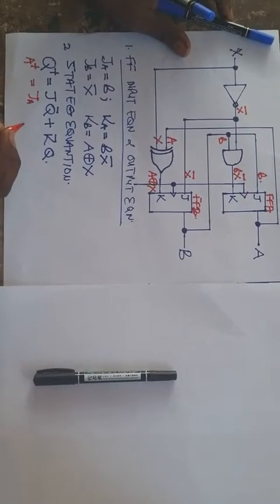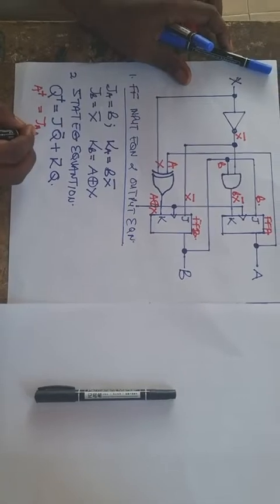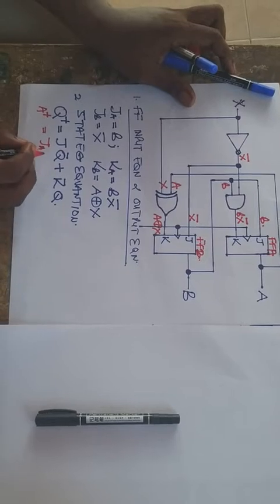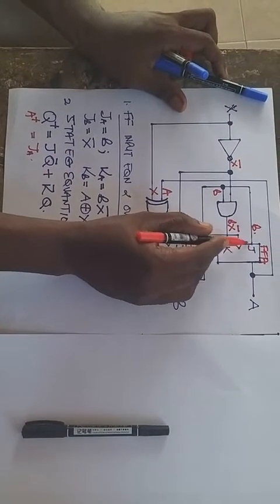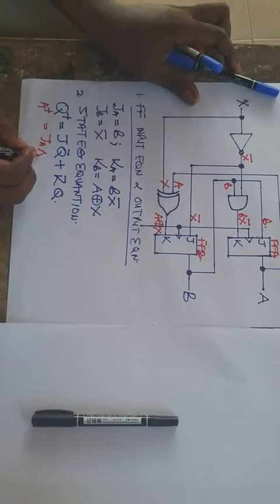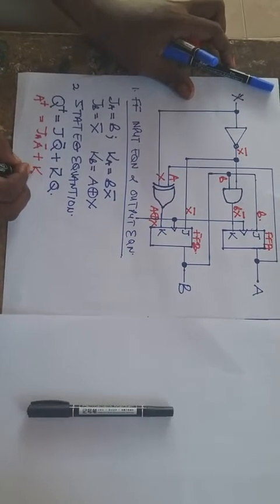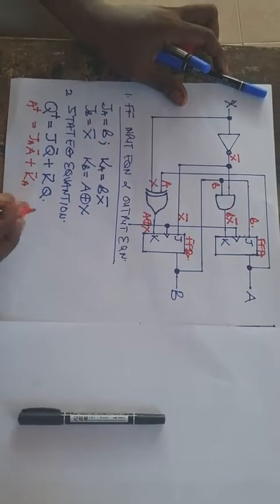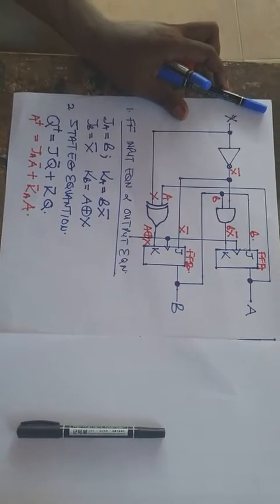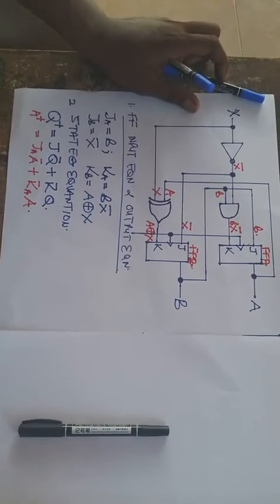Now Q is equal to A, so it's going to be JA times A bar, plus K bar, which is KA bar, times Q, which is A. Good. Now we do it for B.